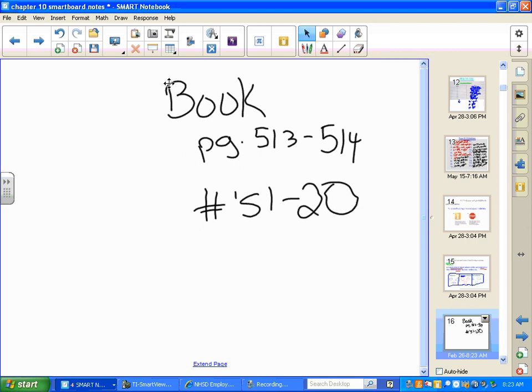Shouldn't be too bad. I just want to make sure there's not anything with Pythagorean's theorem in here. No, there's not. So before you go, if you want to get your book, that's fine. Make sure you have written down pages 513 and 514, numbers 1 to 20.